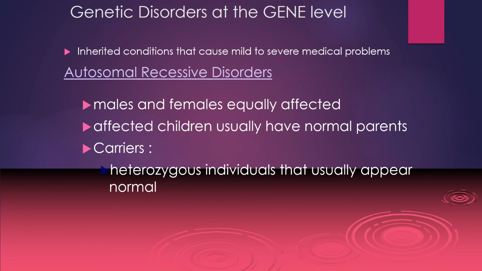So when we talk about something being an autosomal recessive disorder, we're talking about it being passed on a regular chromosome, not a sex chromosome, so one of our 22 chromosomes. And when we say that it's recessive, we know that it can only be expressed when it is present in the homozygous state, so that we have 2 of those recessive genes. But in this case, we're talking about them being diseases.